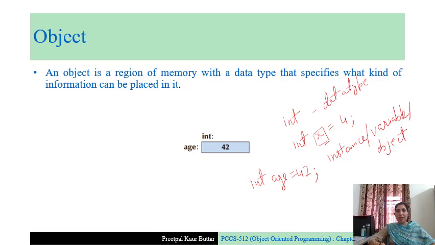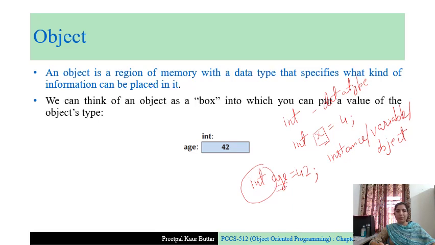An object is a region of memory with a data type that specifies what kind of information can be placed in it. So if the data type is int, integers will be stored in this variable age. We can think of an object as a box in which you can put a value of the object's data type.